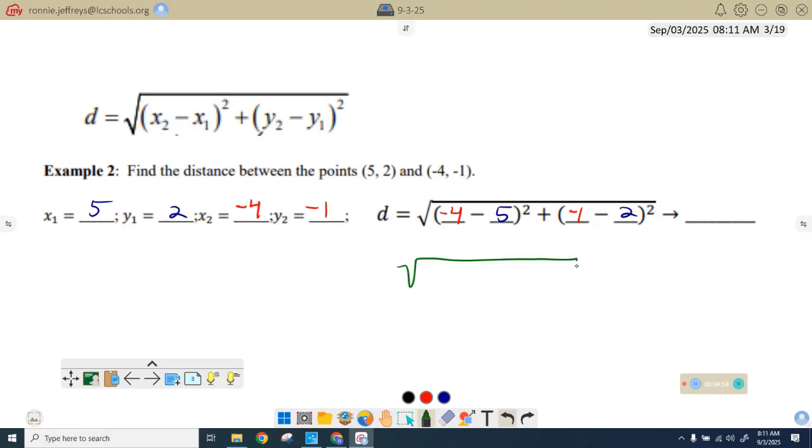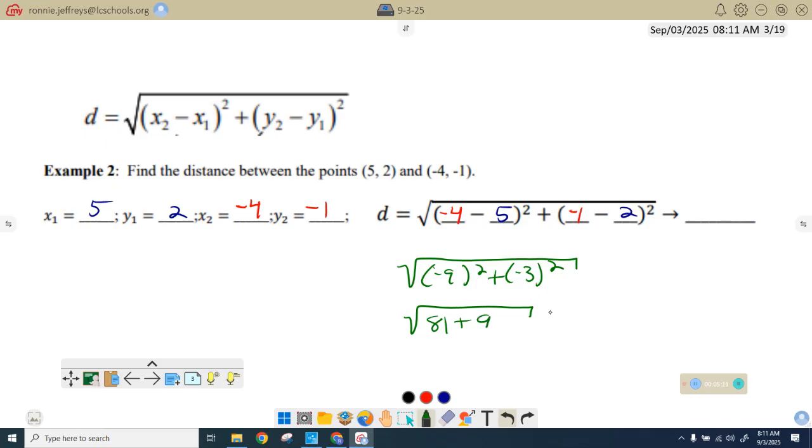All right. Now, doing this, how this would be negative 9 squared. This would be negative 3 squared. All right. This becomes 81.